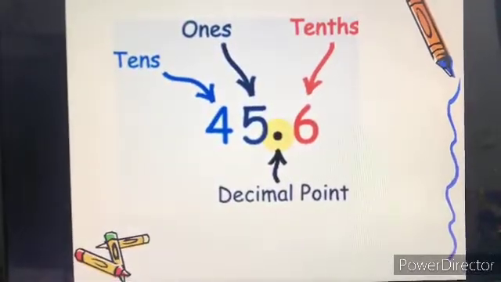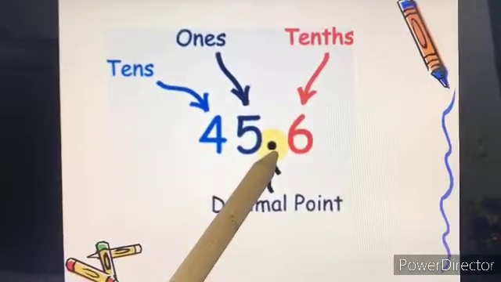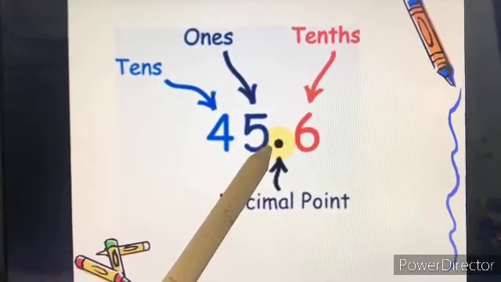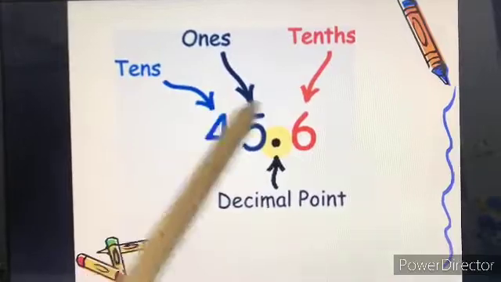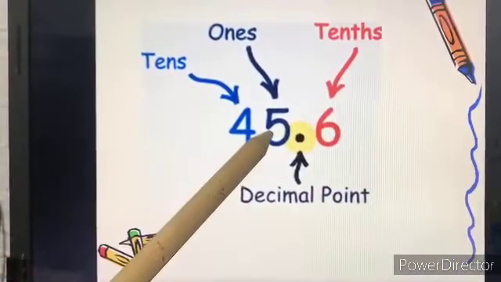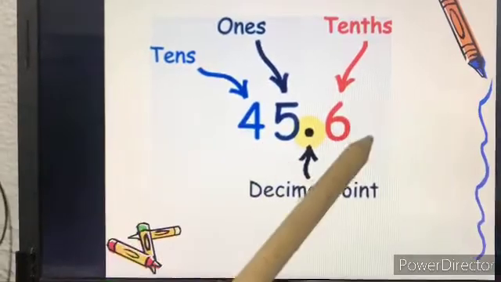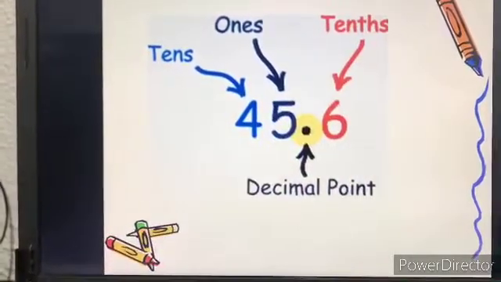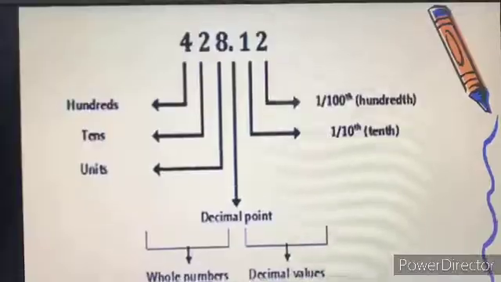As we learned the place value, this is the decimal point which is separating the whole numbers from the fractional part, and now it becomes ones, tenths, or 1/10th.